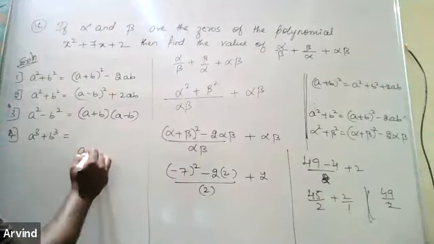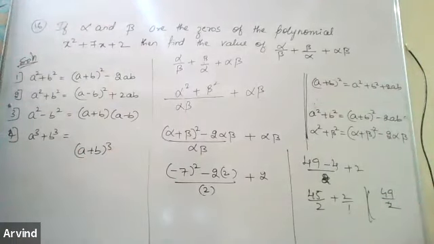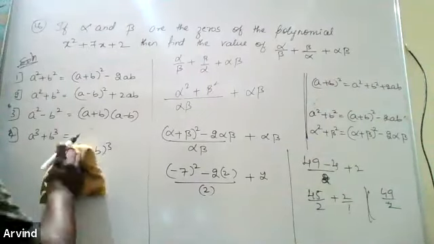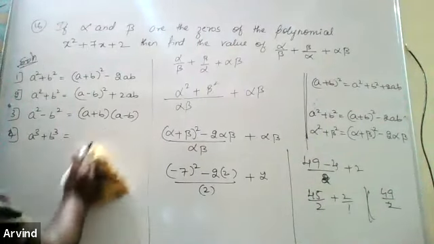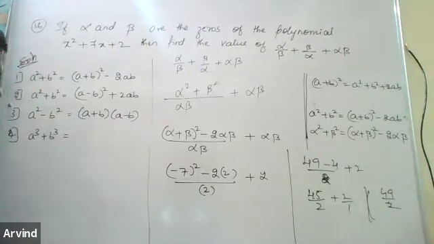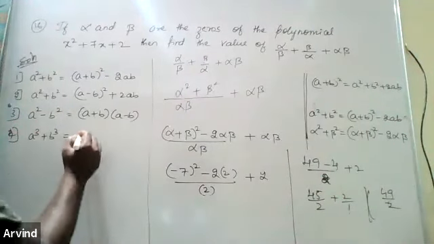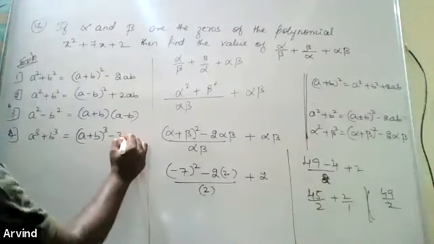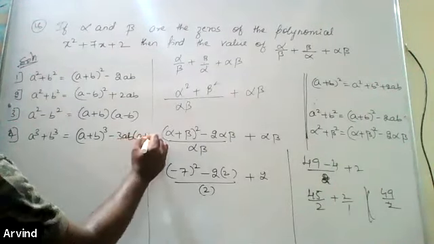I'm not asking you that. Sir, a plus b whole cube minus 3ab into a plus b. Okay, very good. So it can be written as a plus b whole cube minus 3ab into a plus b.